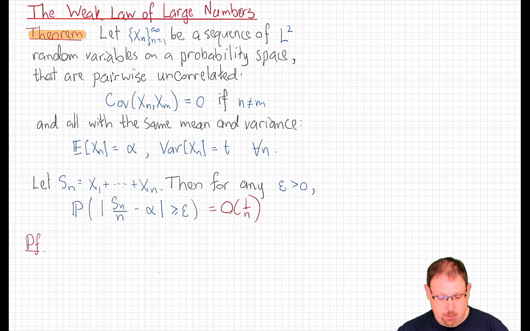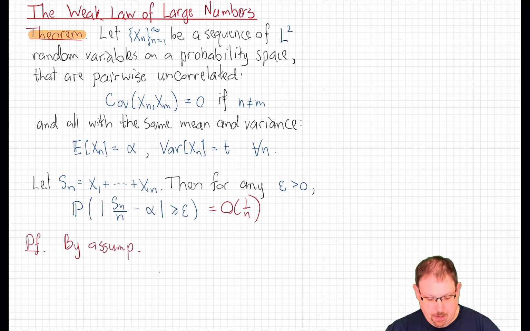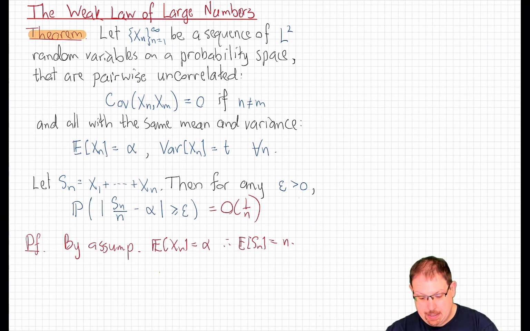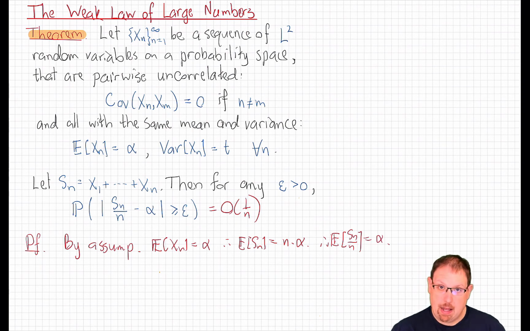Well, let's go through the proof. By our assumption, all of the random variables have the same expected value, alpha, and therefore the expected value of the sum is going to be n times that common value, alpha. And therefore the expected value of the empirical average, Sn over n, is going to be alpha.